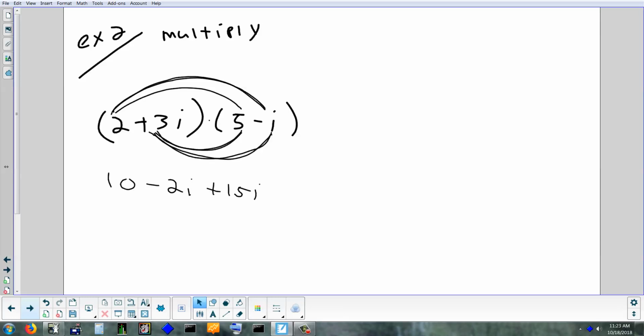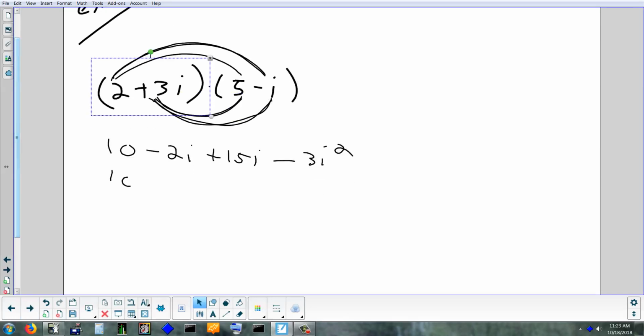And now let's look at the next part in steps. Positive times negative. What's a positive times a negative? It's a negative. Start with that. 3i times i. We already took care of the negative. 3i squared. All right, so I've got 10. I can combine those. What's negative 2i plus 15i?